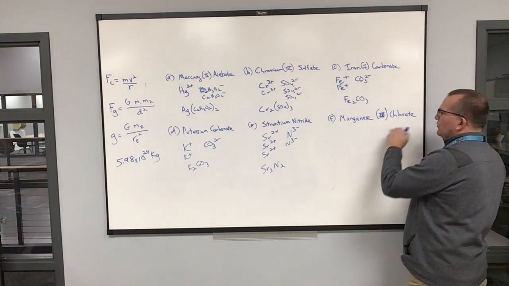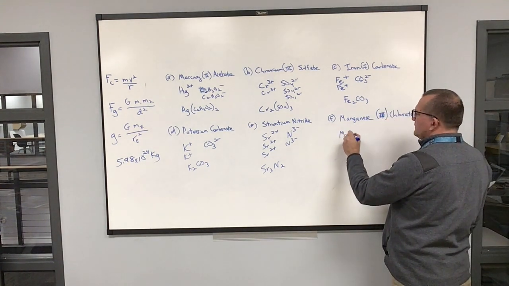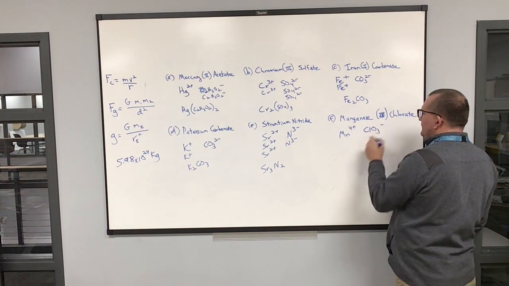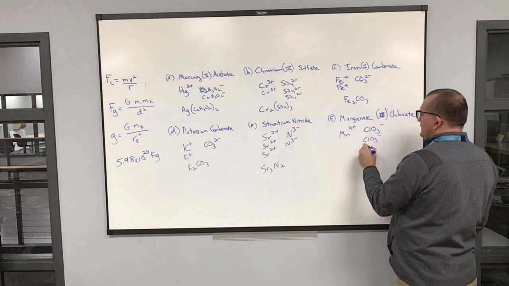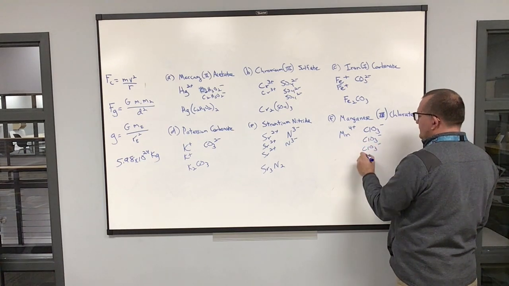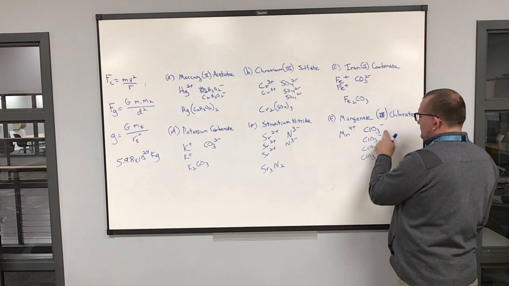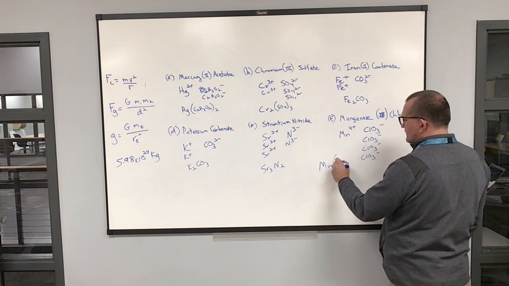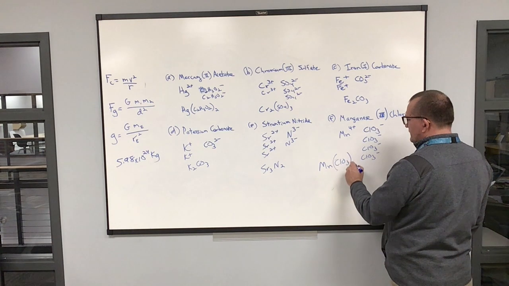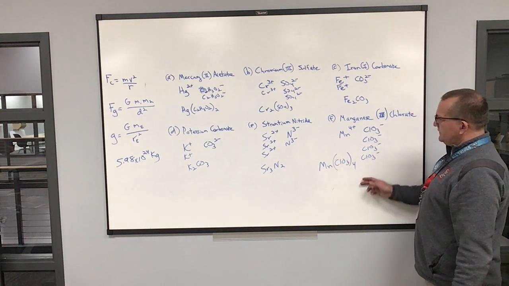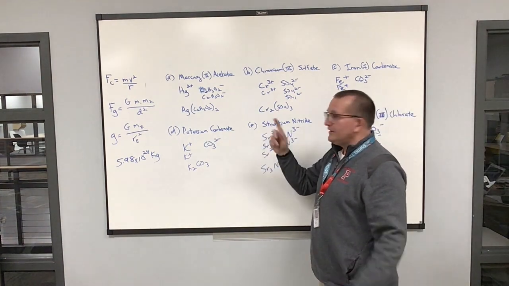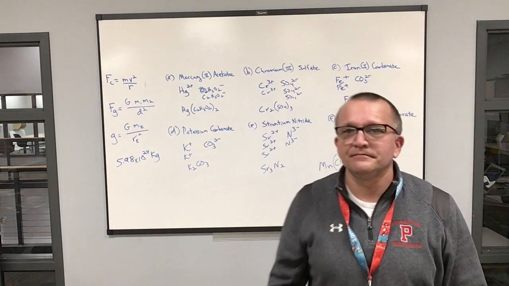Manganese 4 chlorate, manganese, positive 4, chlorate, ClO3, negative 1. You can see I need 4 of these for every one of those, so it's Mn, ClO3, 4. Manganese 4 chloride. Again, the Roman numerals tell us the charge. If there isn't a Roman numeral, you should know the charge. Use the periodic table.